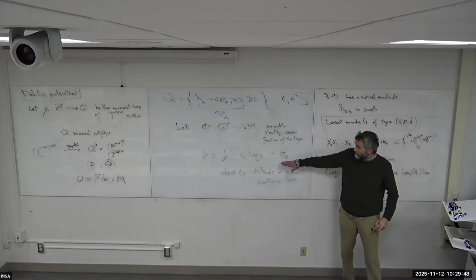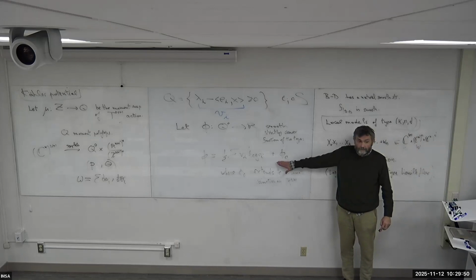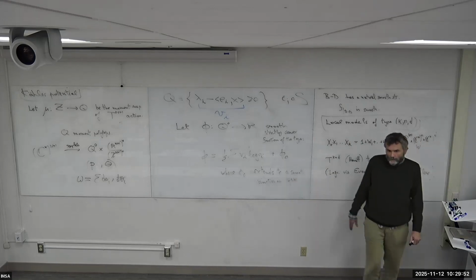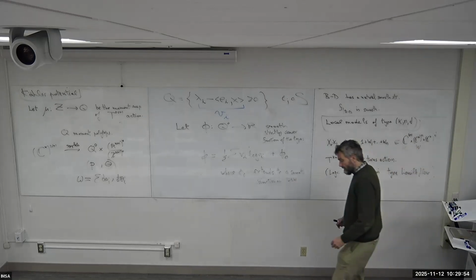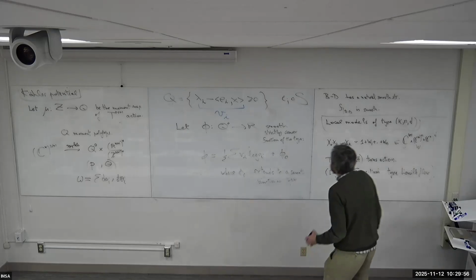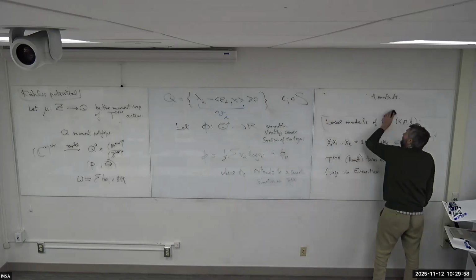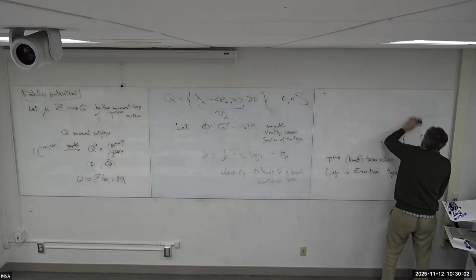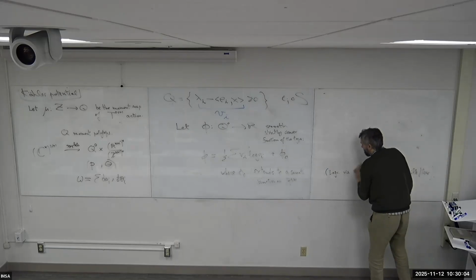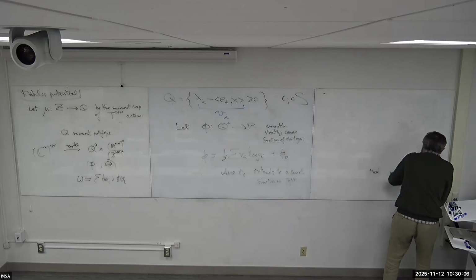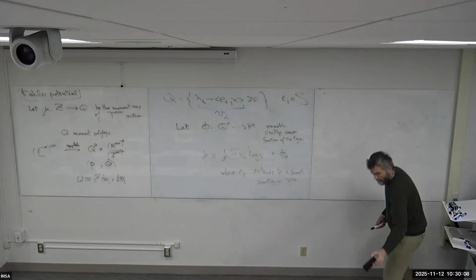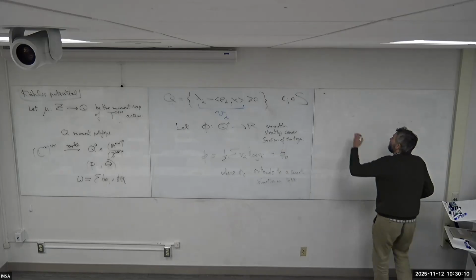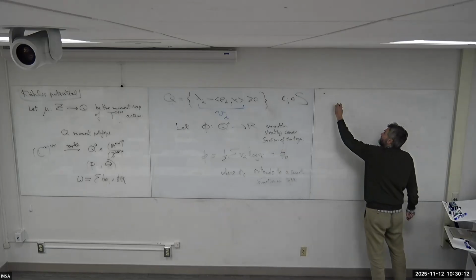So if phi is a function of this type, it's called a scalar potential. And the point is that you can define complex coordinates in this way.